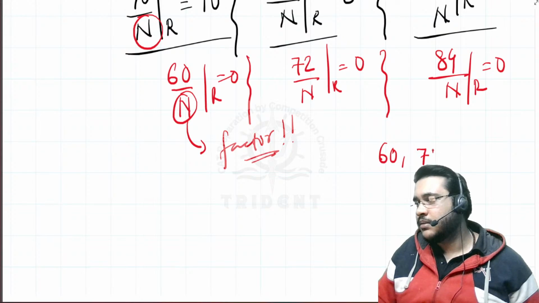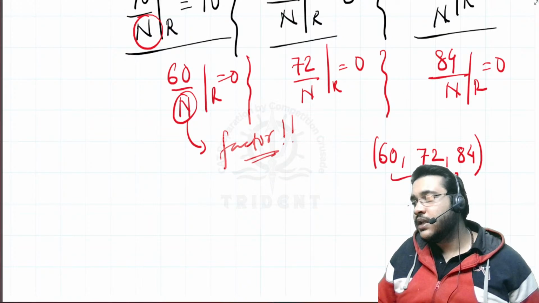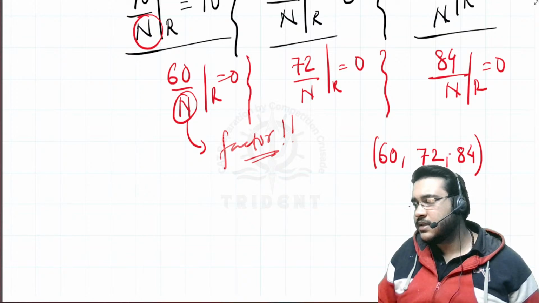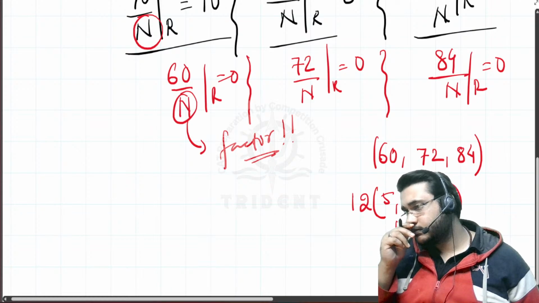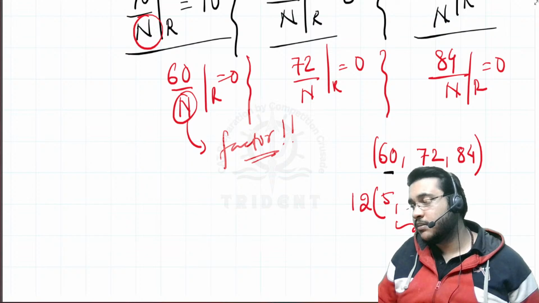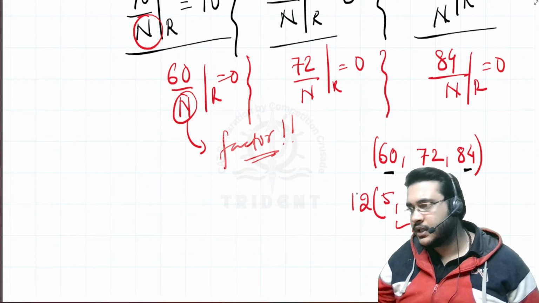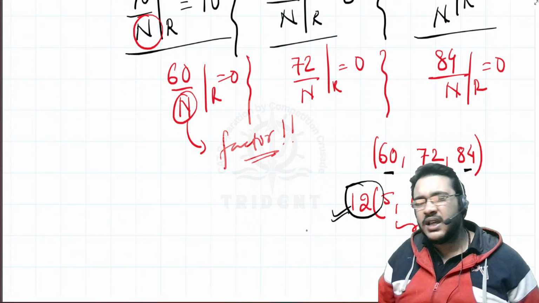You can write the numbers and take away the greatest number from them, so that the multiples left inside are co-prime. So I can take away 12: 5s are 60, 6s are 72, and 7s are 84. There is no commonality between the numbers 5, 6 and 7. So I can say that the highest common factor is 12.